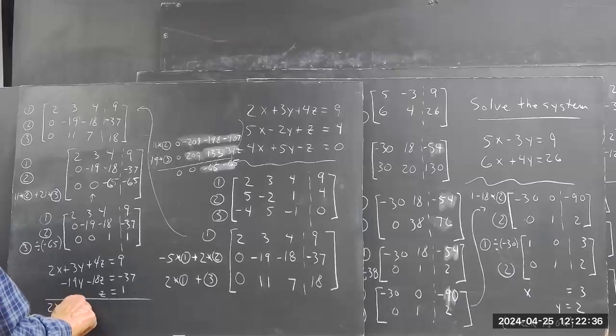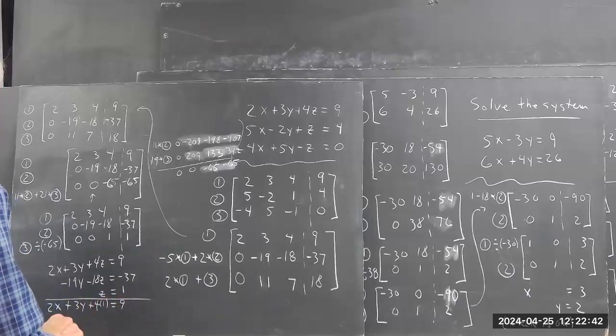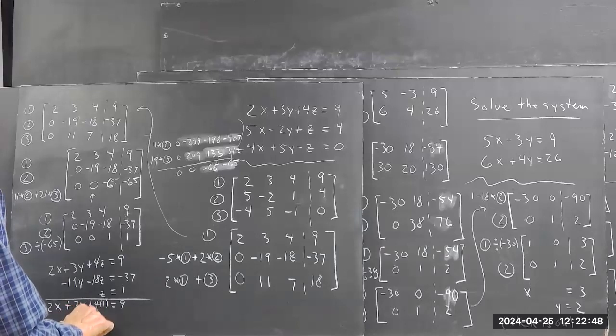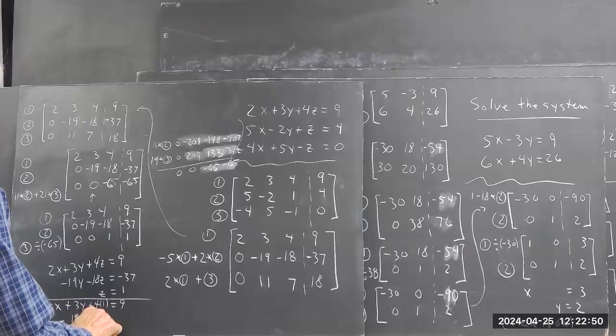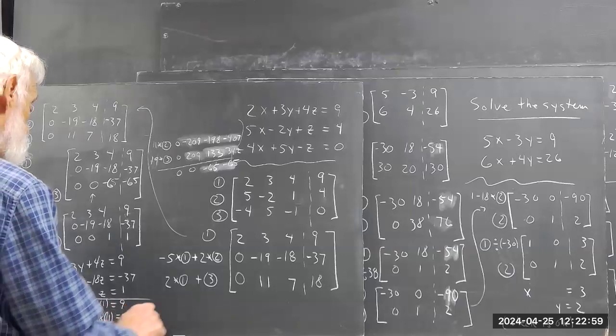Okay, so we can say that 2x plus 3y plus 4 times 1 equals 9, and -19y minus 18 times, parentheses in the right direction, 1 equals -37.